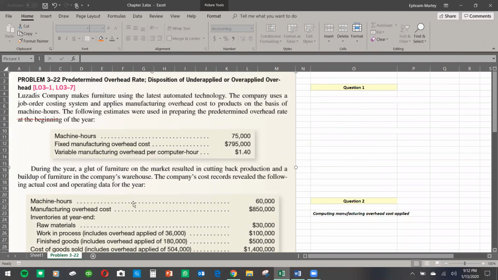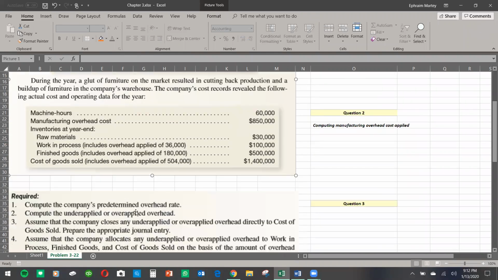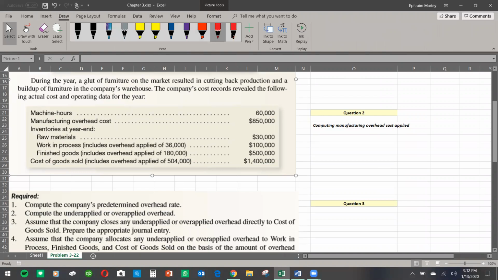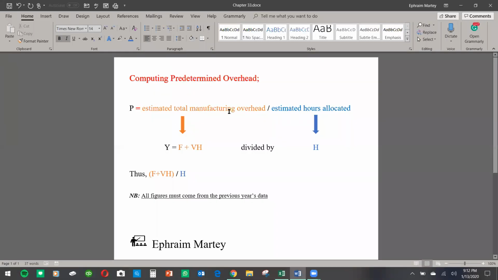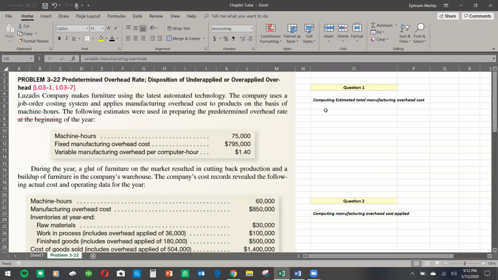So now let's go ahead and compute the predetermined overhead rate. As I've explained here, you first find the estimated total manufacturing overhead, which consists of F plus VH.